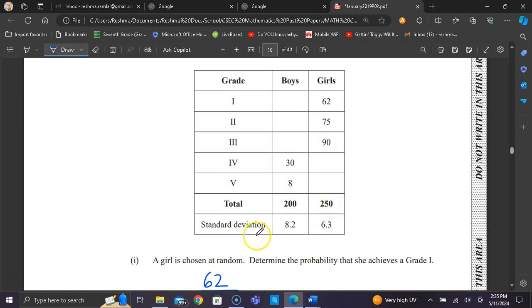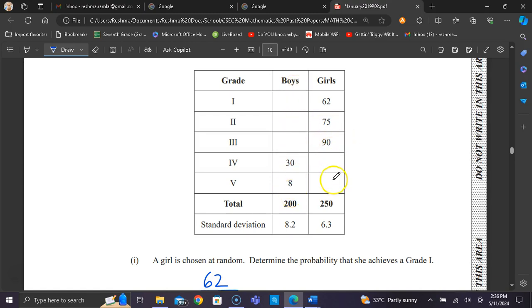Standard deviation means the deviation of the individual values from the mean, right? So 6.3 means the grades are not as spread out, all right? The larger the standard deviation, in the case of the boys, 8.2, means that there is a wide spread of the values from grades 1 to 5, okay?